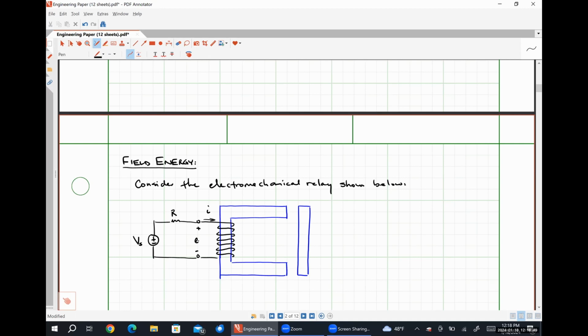On the right-hand side, I'm going to draw the rest of my mechanical system. So I'm going to connect this plate to a spring. I'm going to write under here, spring, so that you know it's not an inductor. And then I'm going to give myself some anchor right here, which is just some fixed position.